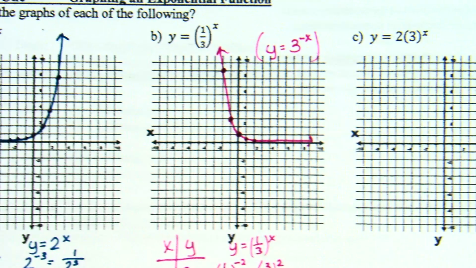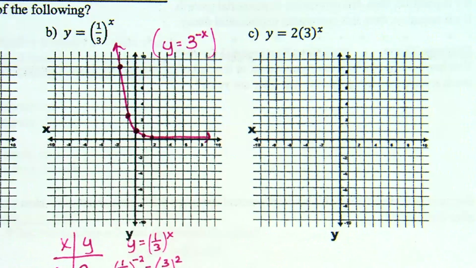Now, what do you notice on C? Okay, order of operations. Yeah, there's a 2 outside the parentheses.